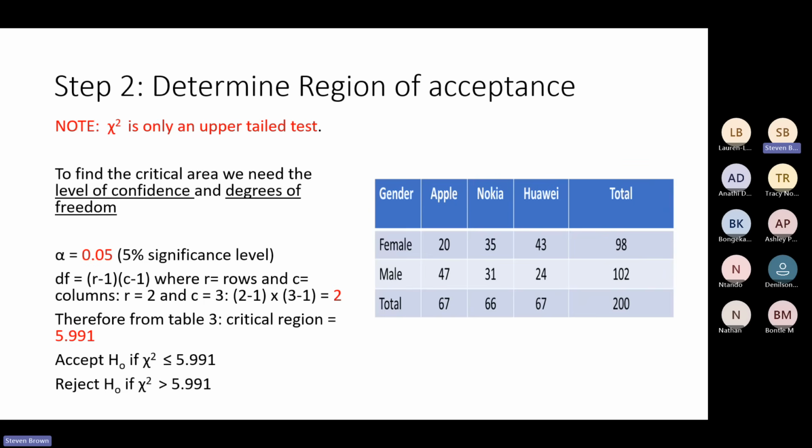Right, now you take the 2 and you take your 0.05, and you go to your chi table. The chi table is not the Z or the T, it's the number 3 table, right at the back of your exam paper. You go to 2 on the extreme left, run your eye along to 0.05, and you'll see a number there.